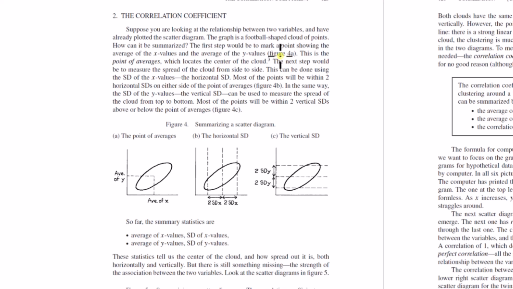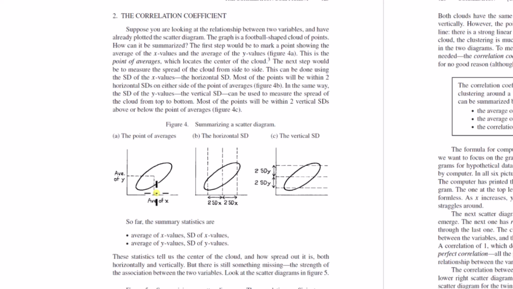We can still apply the descriptive statistics that we learned in part two to the analysis of multiple variables at the same time. We can think about the average of one data set, the average of the other data set. And like they said here, you can plot the average of y. You can come up with the average of the y variables, the average of the x variables.